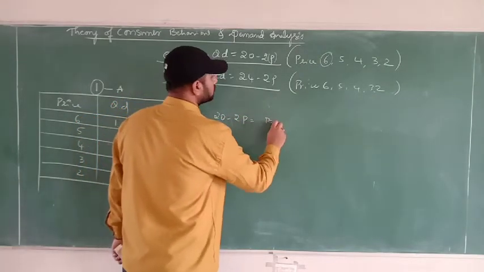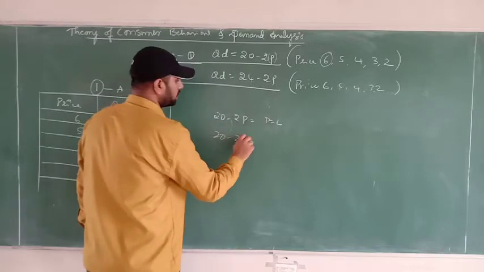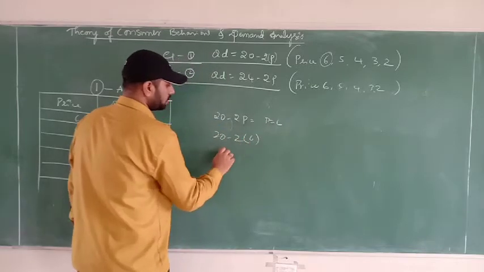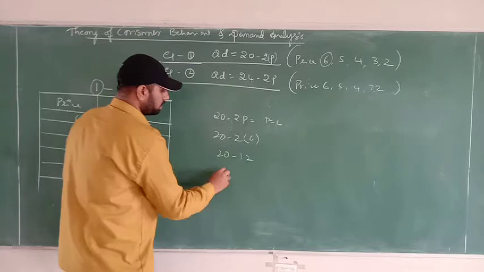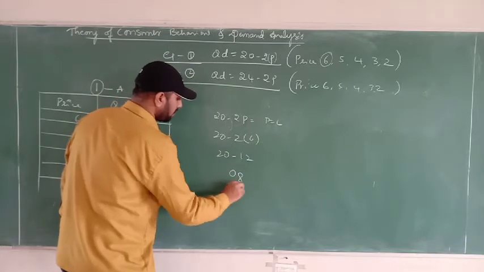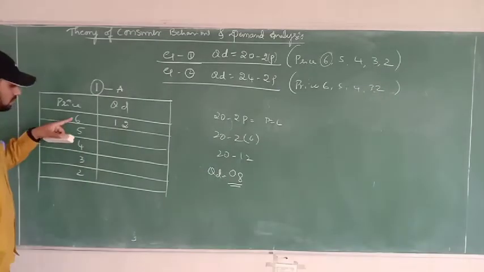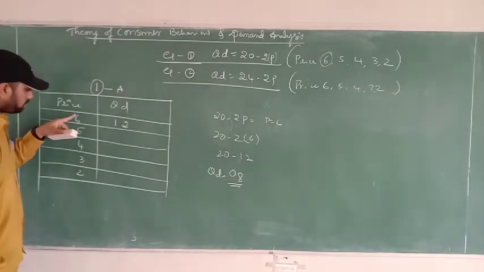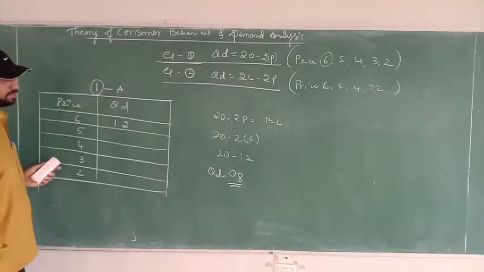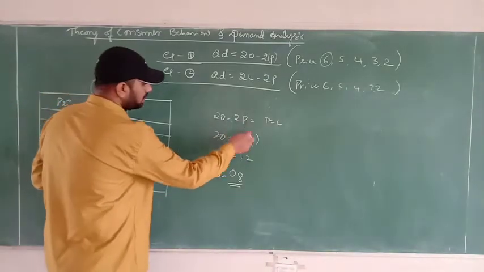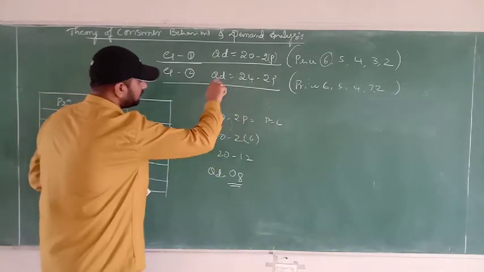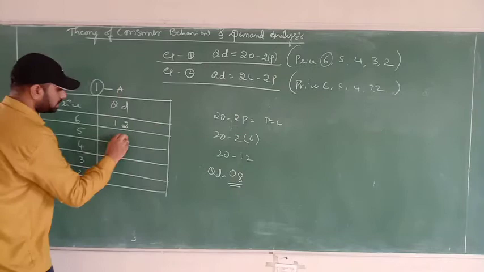If P equals 6, then 20 minus 2 of 6, then 20 minus 12, then the quantity demanded will be 8. If the price goes down from rupees 6 to 5, then what will happen? Substitute the P value as 5. 2 fives are 10, then 20 minus 10, there will be 10.